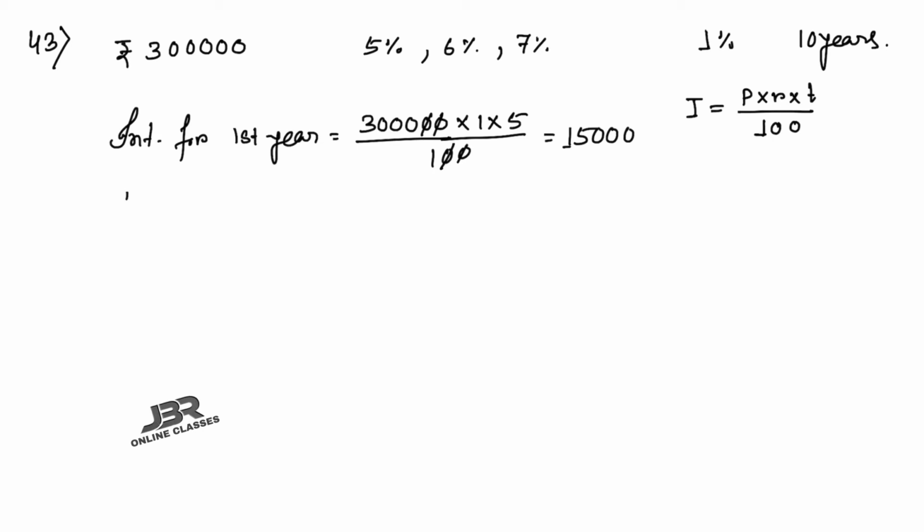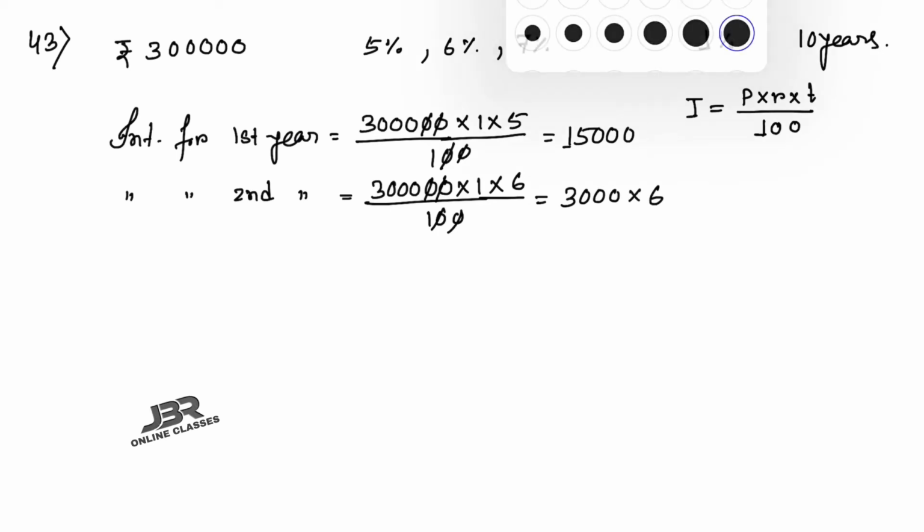Now next, similarly, interest for the second year equals here again 3 lakh into 1 into 6. In that case here 6, so that one equals here you can write down 3000 into 6. Now do one thing, write down the previous one here, it's 3000 into 5. No need to multiply here.